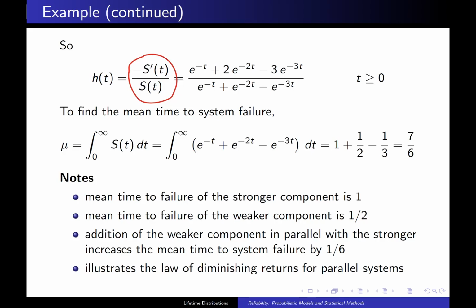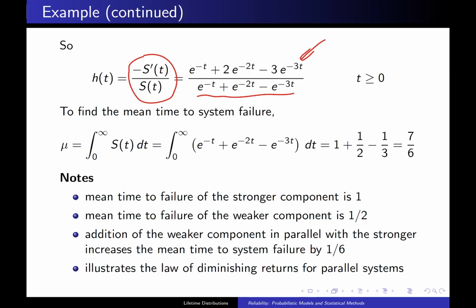So all you need to do is put your survivor function down here in the denominator and then take the opposite of its derivative. That gives you the numerator. And not surprisingly, this hazard function is not constant because the system does not possess the memoryless property.